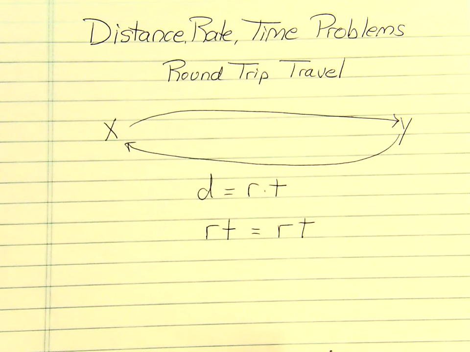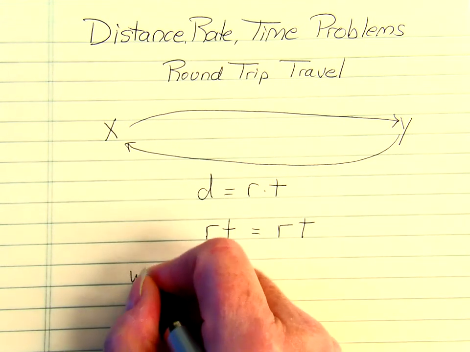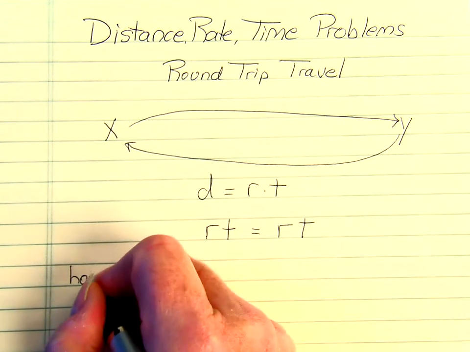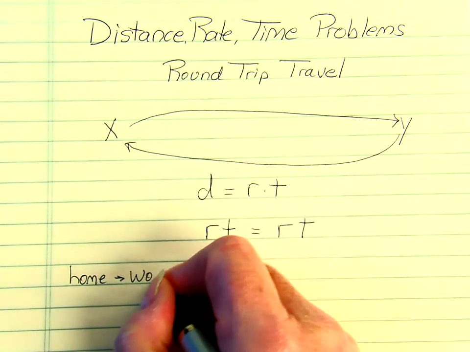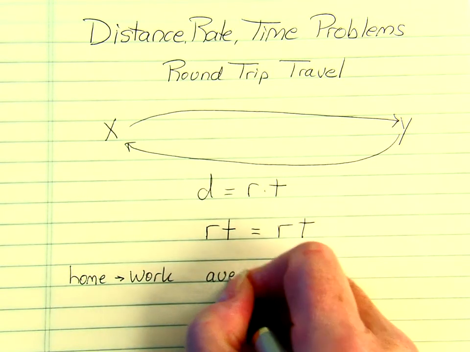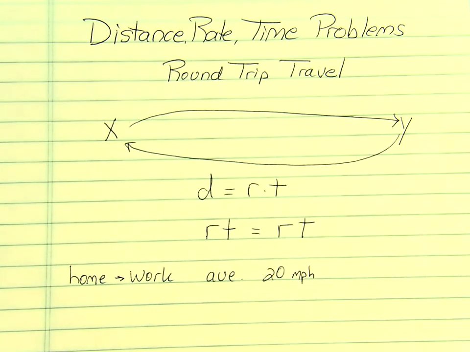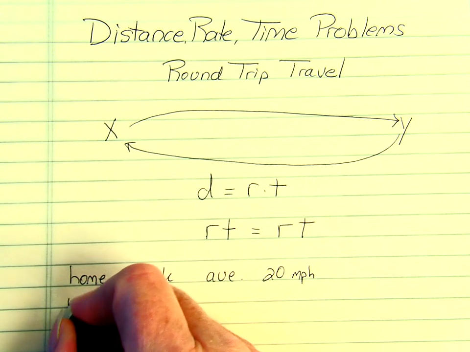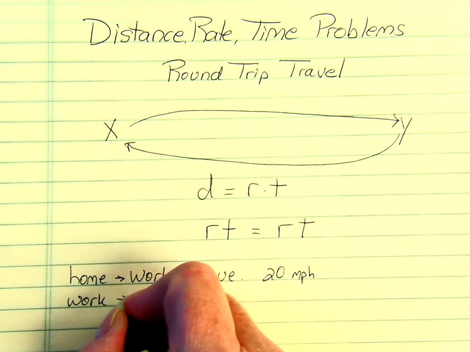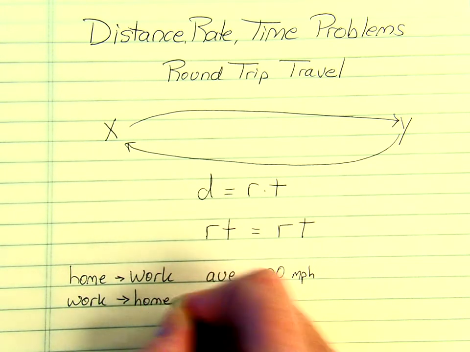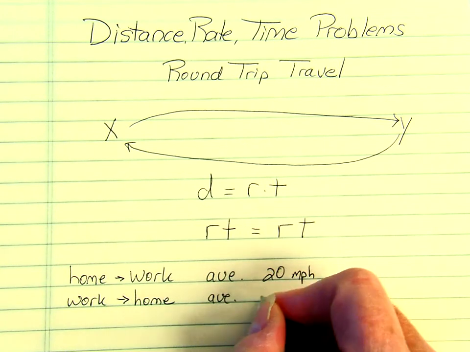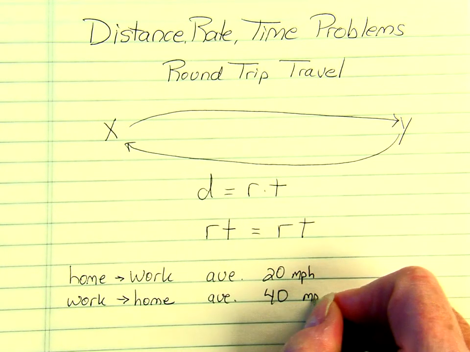We have my uncle, and on his way to work from home, he averages 20 miles per hour. Okay, now on his drive home, work to home, he must have left at a really good time, because now his average is 40 miles per hour.